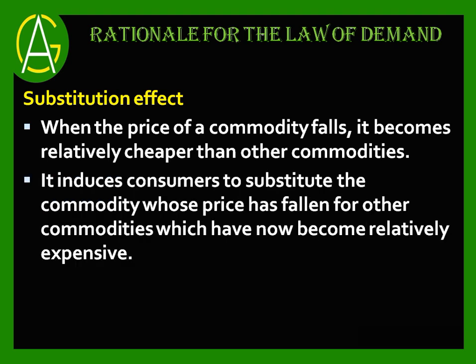It induces the consumers to substitute the commodity whose price has fallen for other commodities which have now become relatively expensive. So the person will switch over to the commodity which is now relatively cheaper, and the commodity which is relatively expensive will be left over. So the person will shift from the expensive product to the cheaper product.